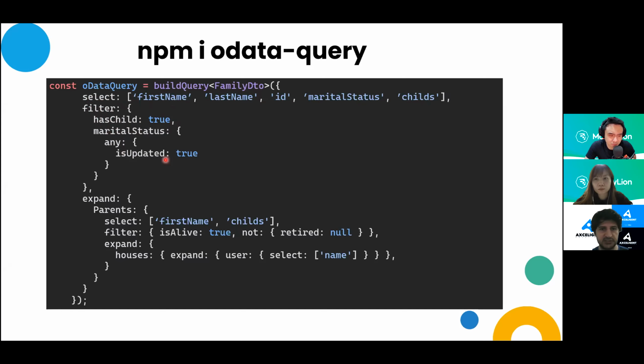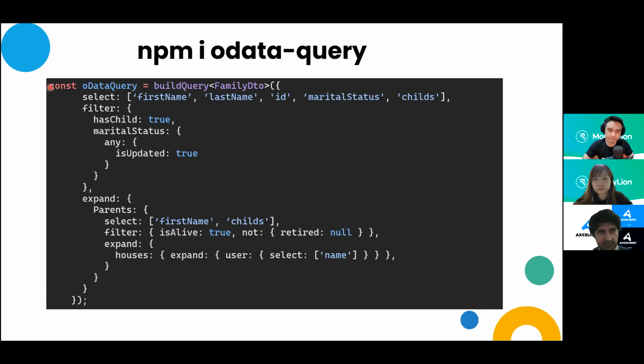Any of them is recently updated. And after that, when you find these things, expand and make sure that for the parents, you also bring the first name and the number of children of the parents, and also filter anyone that is alive and is not retired, for example. And then expand and get their houses, and give me the address of their houses.